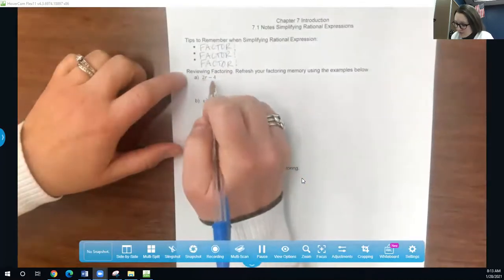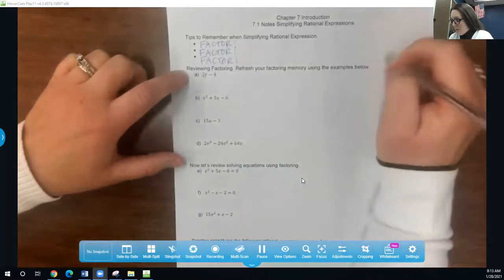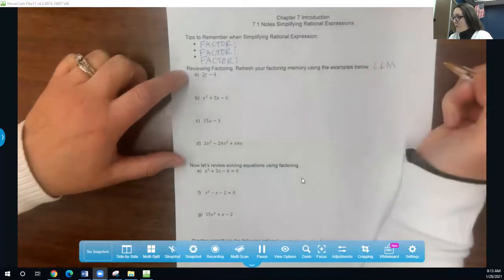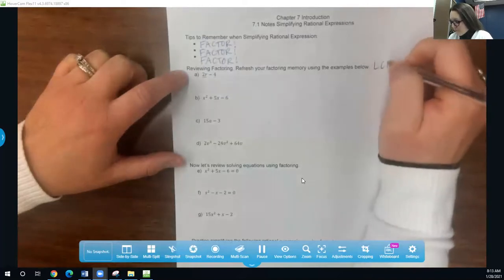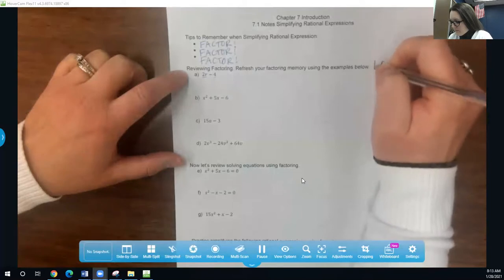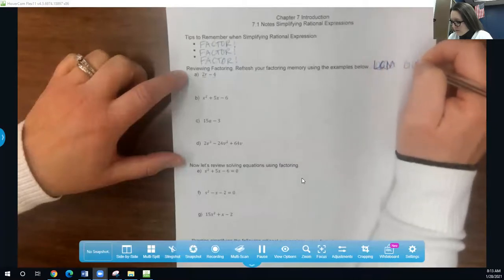So we're going to review our factoring, refresh your factoring memory. When I factor, I'm going to look at each term and determine what my least common multiple is. So it's called our LCM, right? Least common multiple. Or not our least common multiple? No, greatest common factor. What's our greatest common factor that goes into all of these numbers?